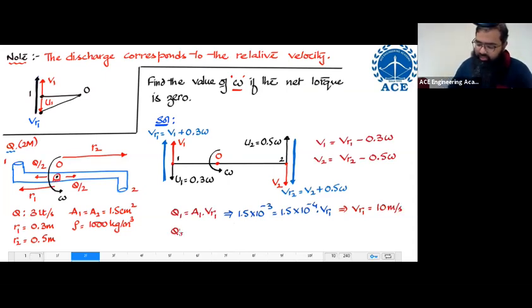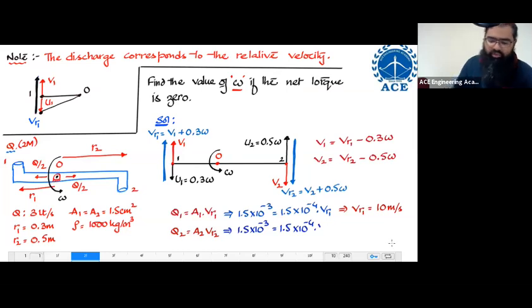Similarly, Q2 is equal to A2 into VR2, which implies Q2 is also equal to 1.5 into 10 power of minus 3. A2 is also equal to 1.5 into 10 power of minus 4. VR2 is VR2 over here.